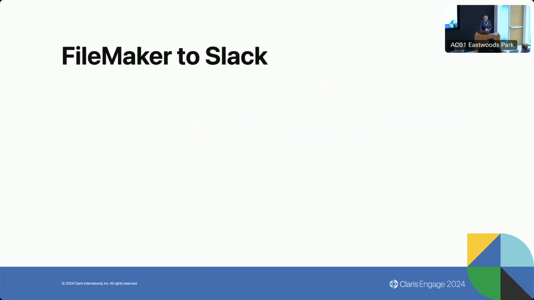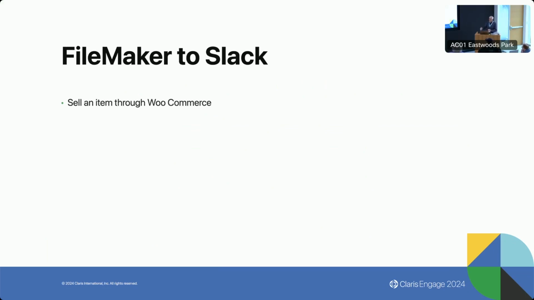Yesterday in my session, I was talking about webhooks, and we were talking about selling an item in WooCommerce and using a webhook callback to access our FileMaker solution. I'm going to continue with that story today.